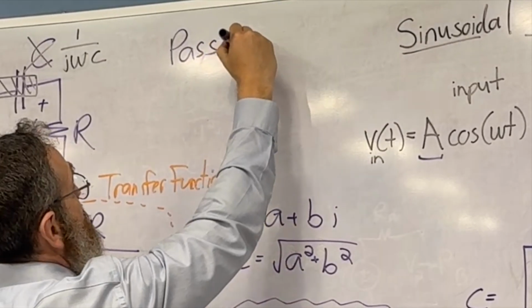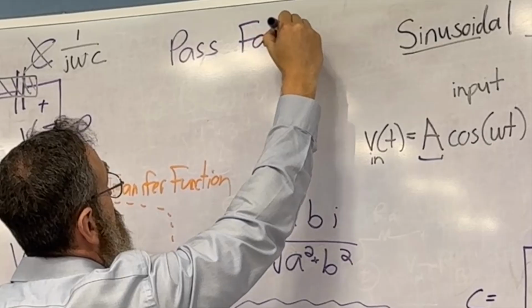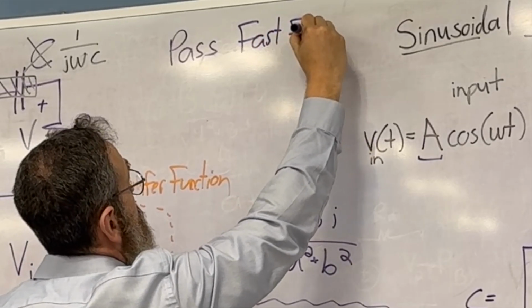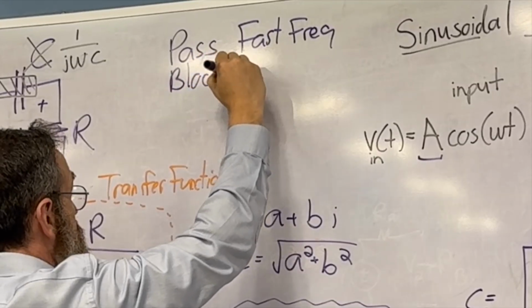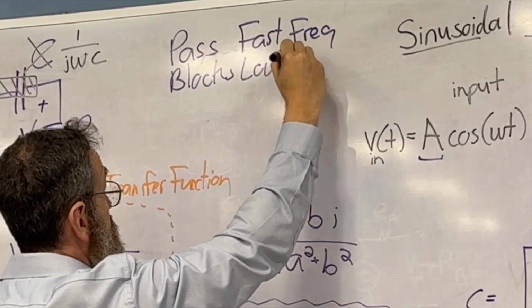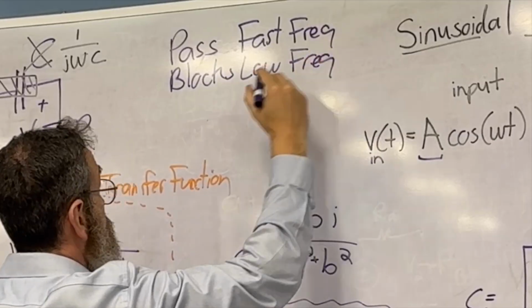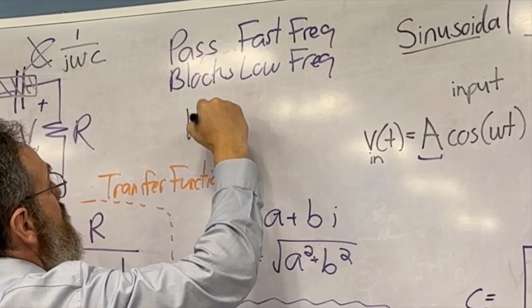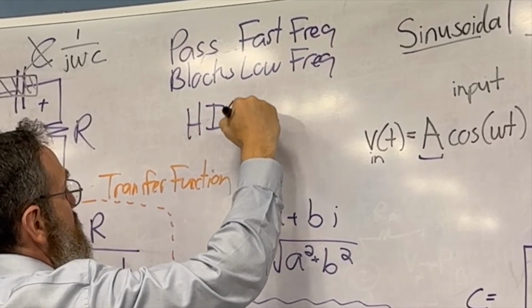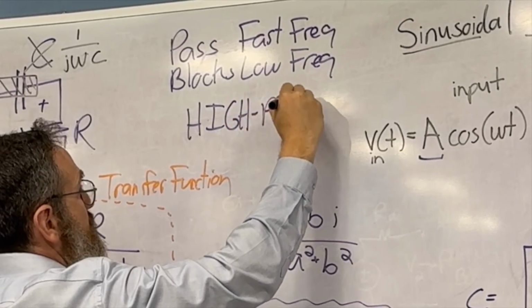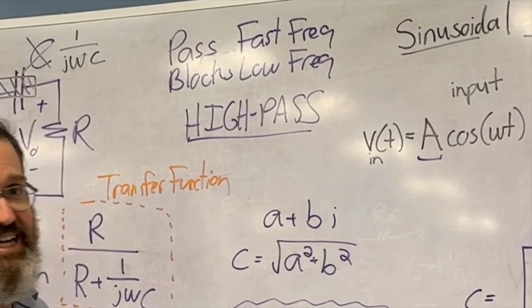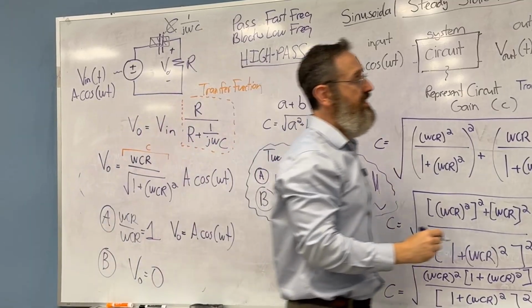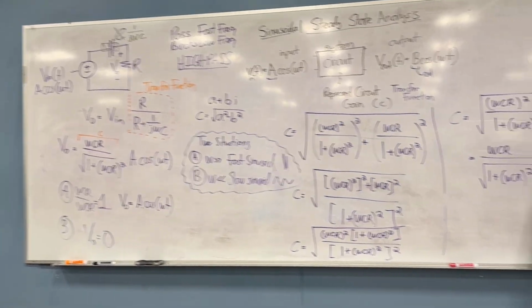It passes the fast frequency and it blocks the low frequency. And so we will call it a high pass, because high frequencies are passed, whereas in the previous case, low frequencies were passed.